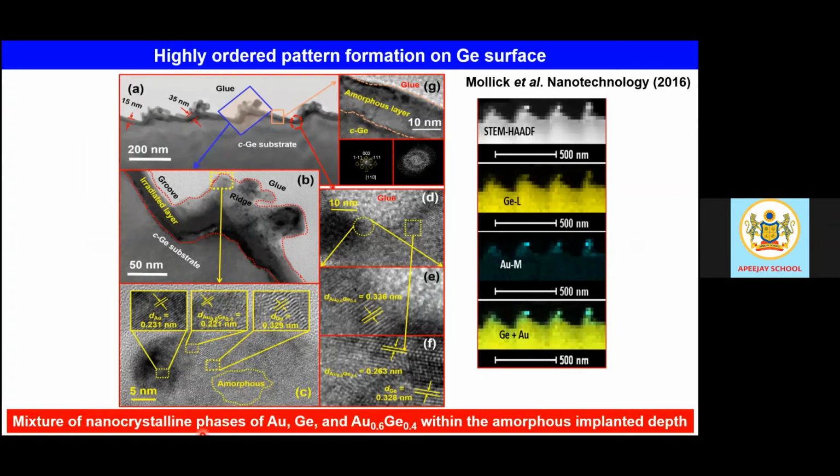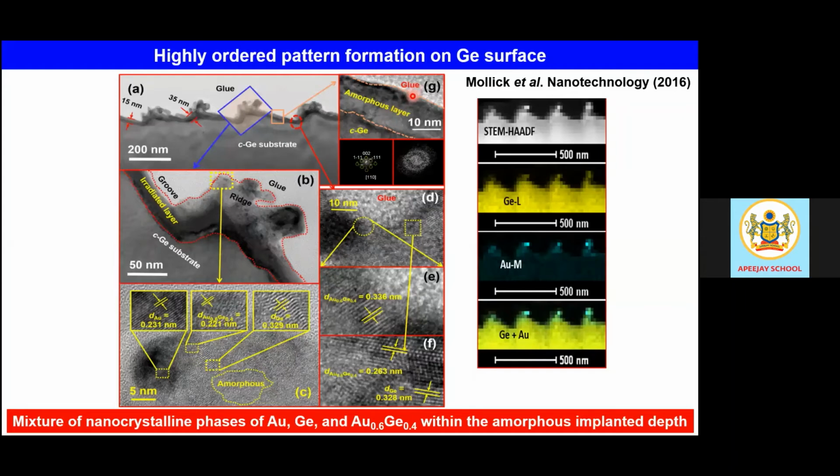Through high resolution TEM imaging, we could observe the presence of germanium nanoparticles, the signature of gold nanoparticles, as well as a mixed phase of gold and germanium. All three are available within this amorphous layer, roughly 10 to 15 nanometer thick, at the top of this crystalline germanium surface, which matches well with the projected range of the incident ions.